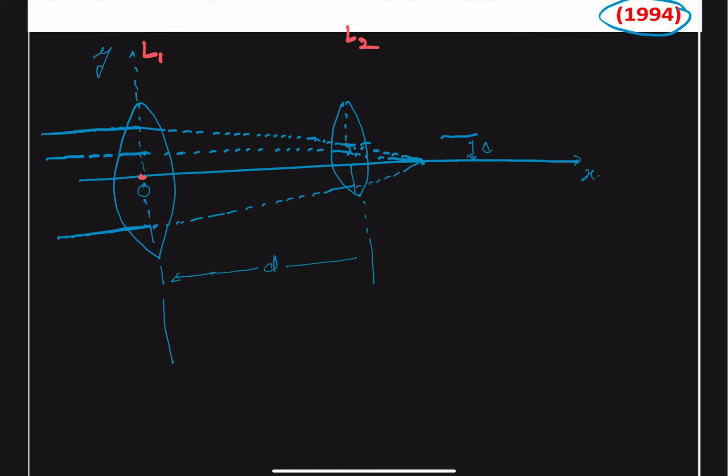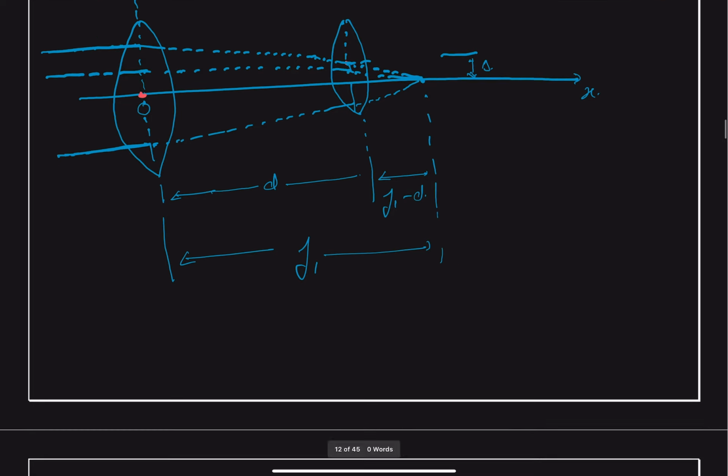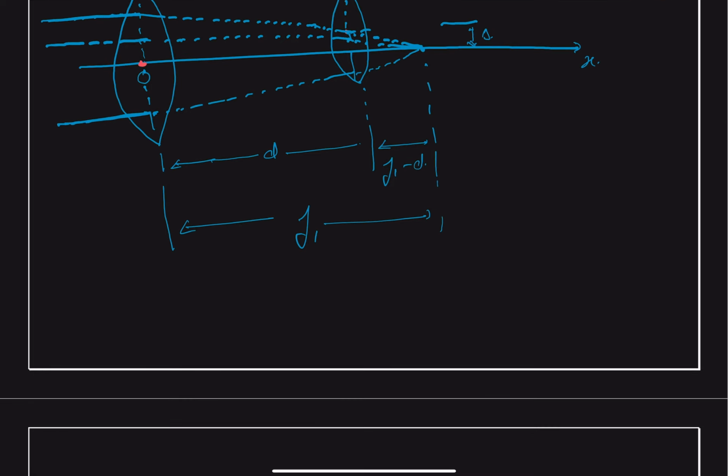So we can say this distance is our f1, and the distance from lens L2 to the focus will be f1 minus d. For the time being this looks good. We can modify it if something else is required. So we have to find out the coordinates of this particular point.